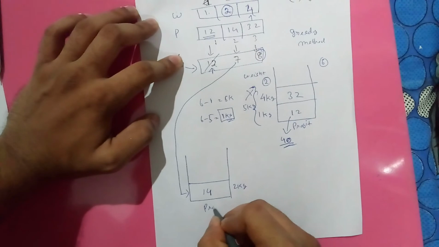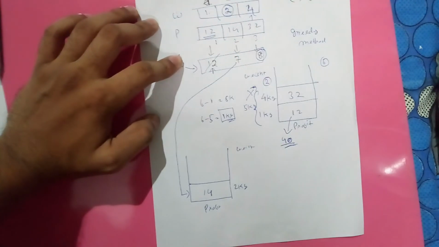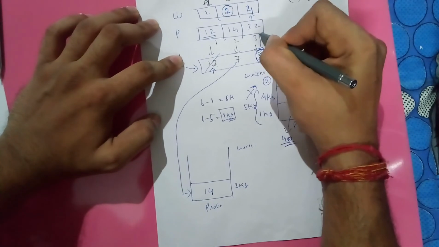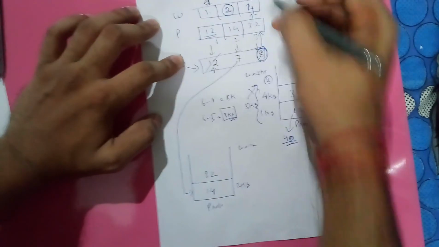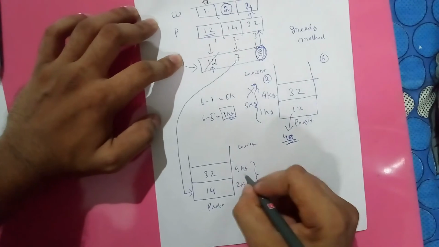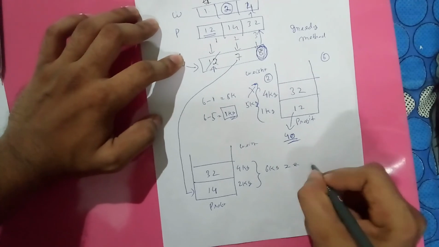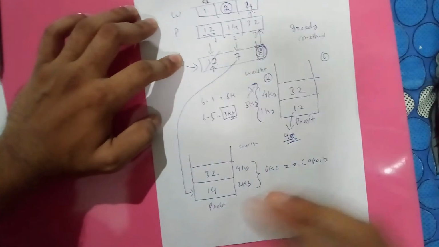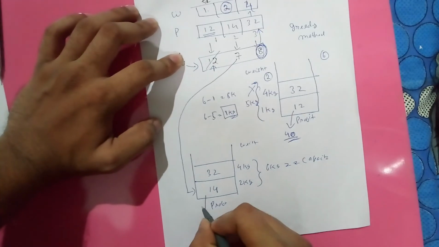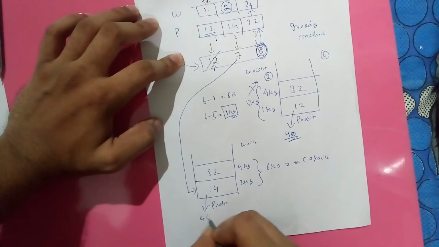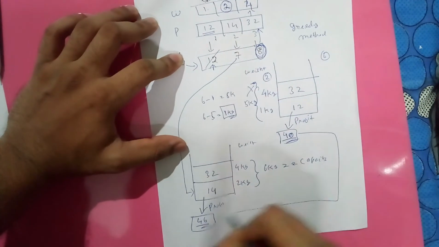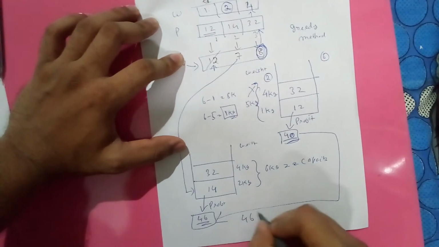After this, I include this item, which has a profit of 32 and a weight of 4 kgs. Now my weight is 6 kgs, which is equal to the capacity. It has not exceeded the capacity and we cannot take anything else now because the capacity is full. The profit I am getting is 46. Thus, comparing these two, 46 is greater than 40.